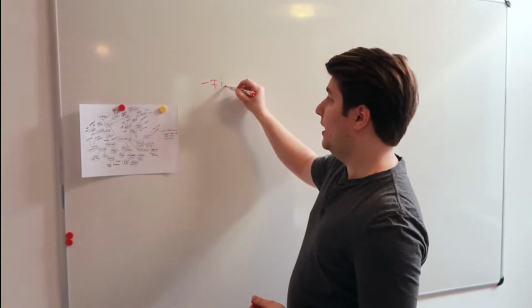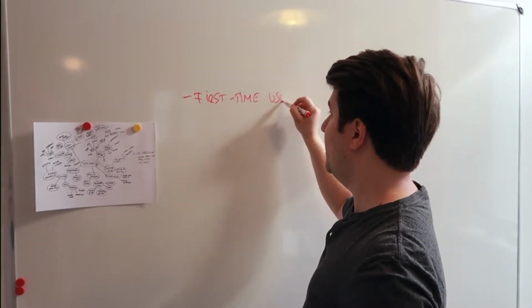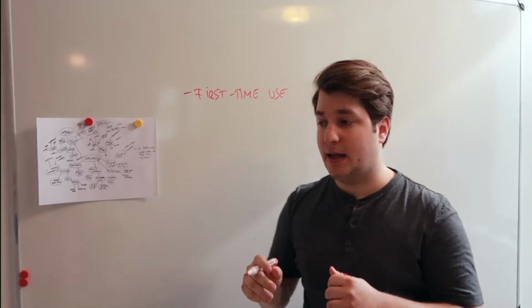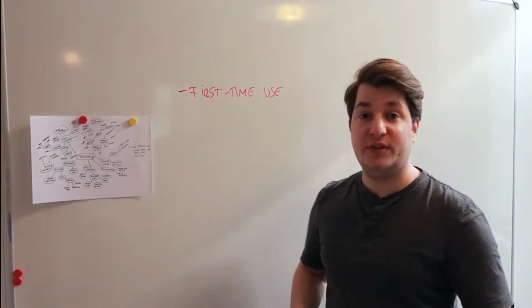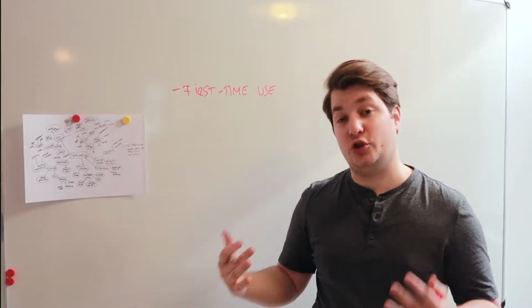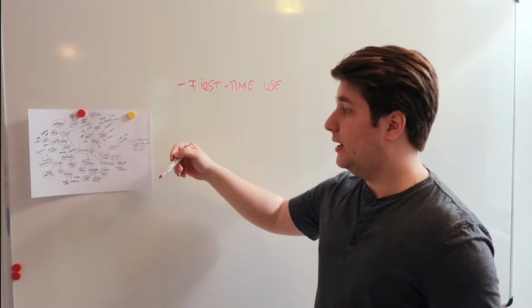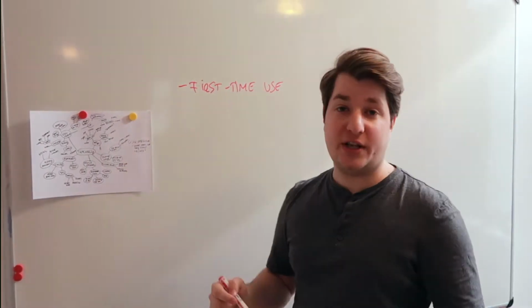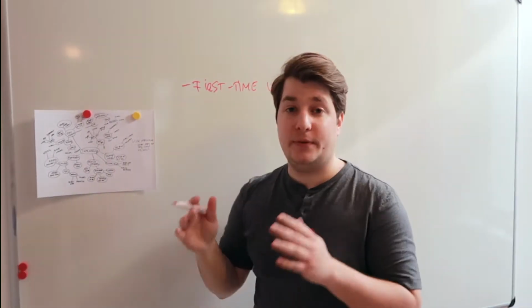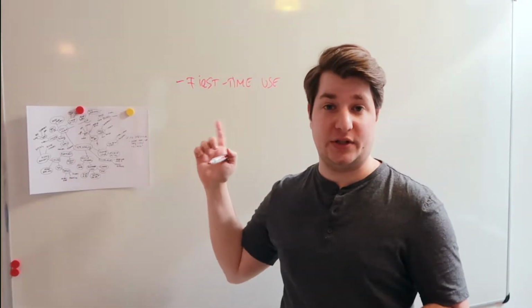For example, we have these use cases for the product. I have a first time use, and I can go into more details and think about how the first journey would look. Obviously, there are a lot of other scenarios. For example, the app is up and running, I have my account and so on, because that's the first time experience.